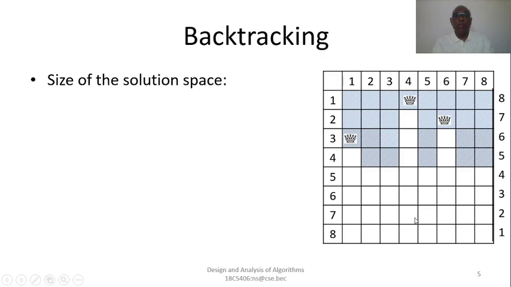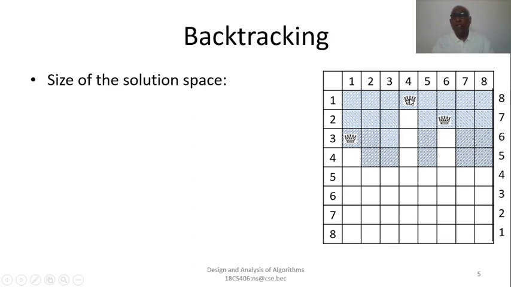Now let's try to enumerate the solution space, because initially we said backtracking is used to solve problems with a large solution space. If you observe the placement we have seen in the previous slide, the first queen can be placed in one of the 8 columns. So the first queen can be placed in 8 positions.